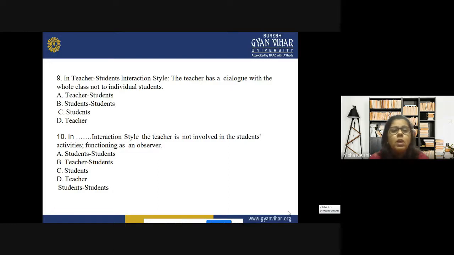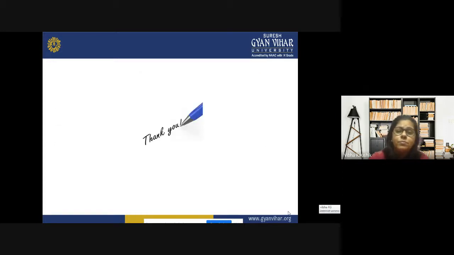The options are teacher-student, student-student, or students-teacher. The correct answer is teacher-student. In dash interaction style, the teacher is not involved in the student activities, functioning as an observer. The options are student-student, teacher-student, students-teachers. The correct answer is option A, that is student-student.